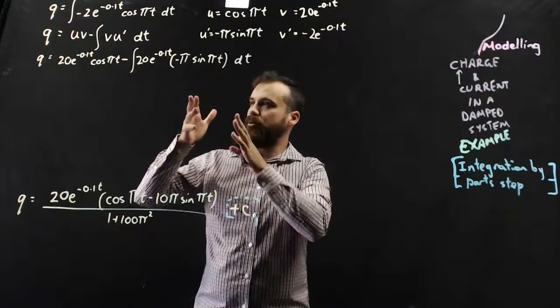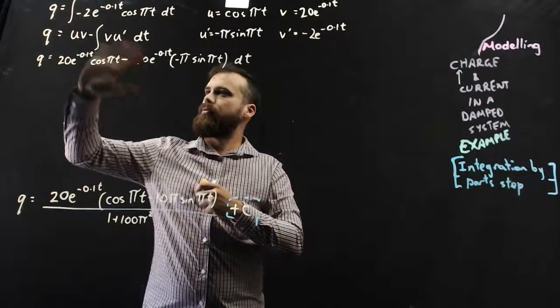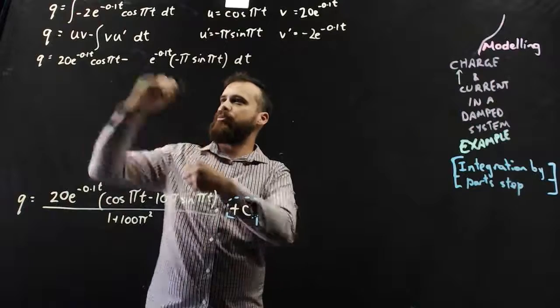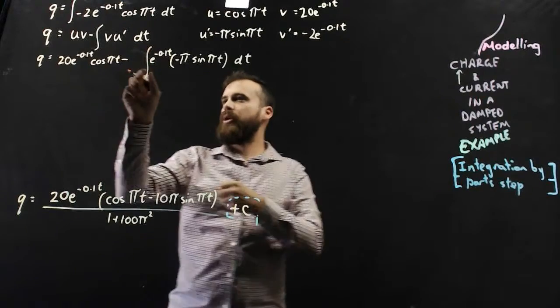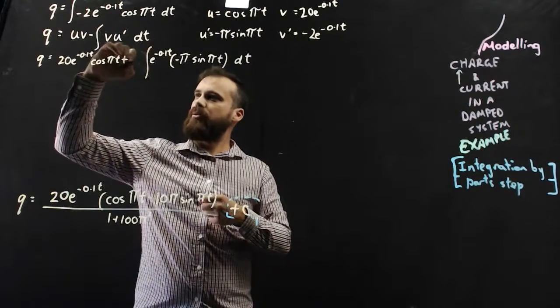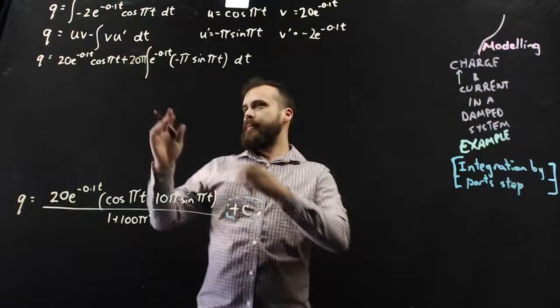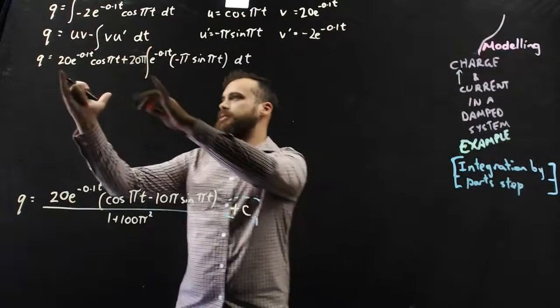So I'm bringing negative 20 pi outside of the integral. So that'll put my integral here. And when I bring negative 20 pi out of here, because there's a negative there, what I end up with is positive 20 pi. Alright, so done, done.